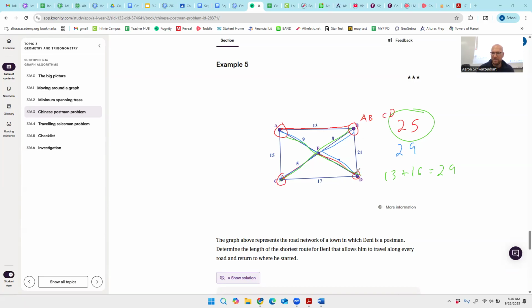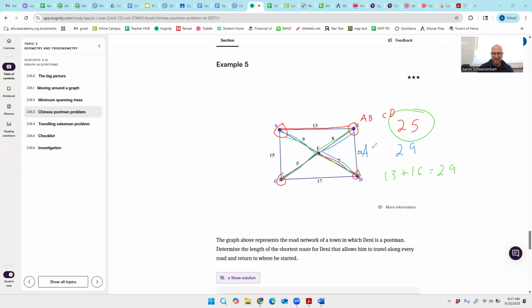So I have to pair them. That's what the algorithm says. When I draw it on the graph, it'll probably become more apparent. And why do we have to see? That's one option. I have to check all of them.